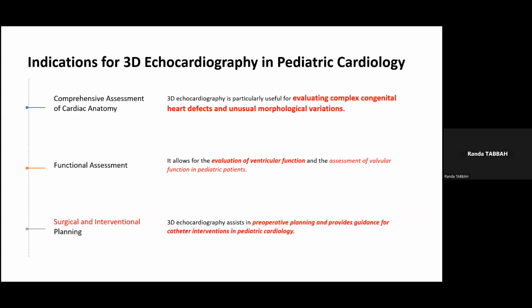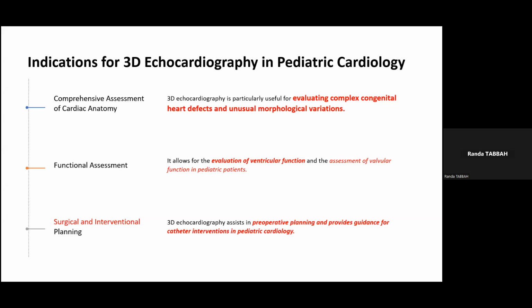So what are the indications for 3D echo in pediatric cardiology? First, the evaluation of complex congenital heart defects and unusual morphological variation, the evaluation of ventricular function and assessment of valvular function. Also in single ventricle patients, we can have a better evaluation of the ventricle, and also surgical and interventional planning, pre-op planning.